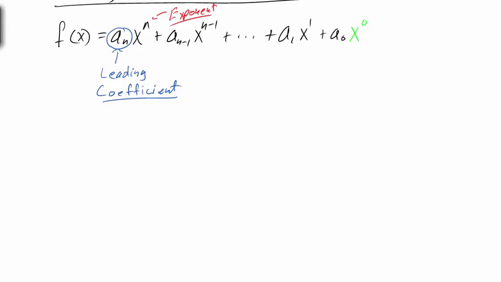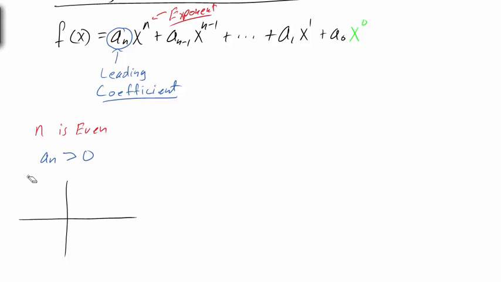It says that if n is even, so if your exponent is even, okay, and your leading coefficient is greater than 0, then what that tells us, if you look at the graph, your graph at the far end at some point is going to be pointing up to the left, okay?